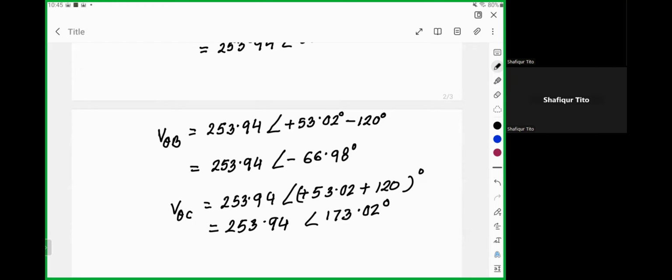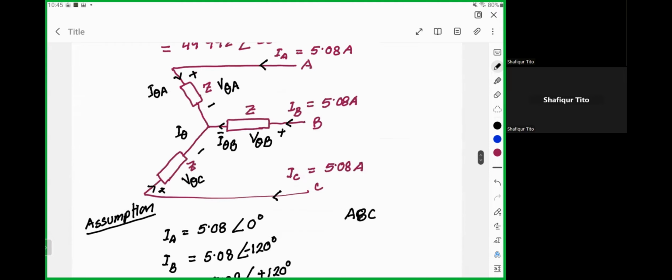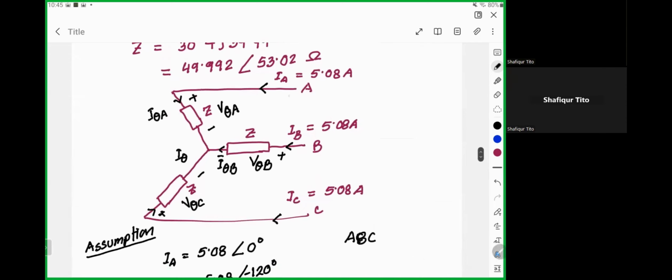Line voltage. So we have calculated only the phase voltage. Now we need to go back to our circuit and find my line voltage. We can consider my line voltage between these two lines as VAB. This letter indicates this terminal is positive.